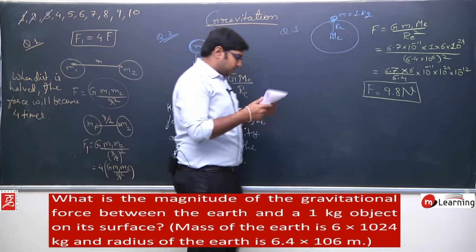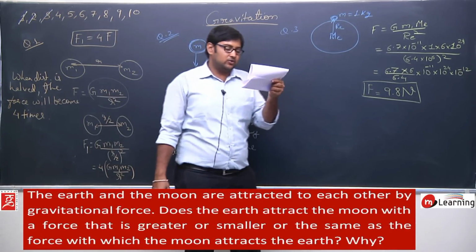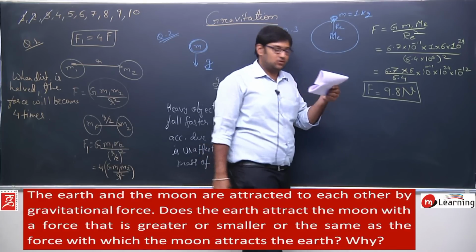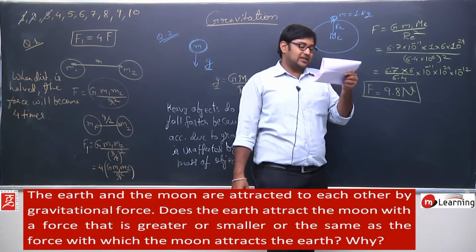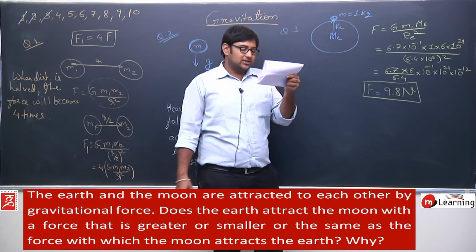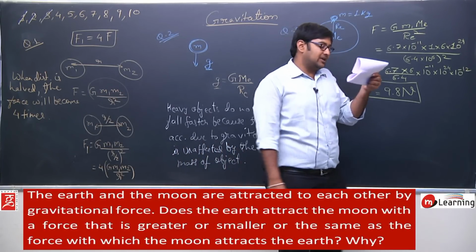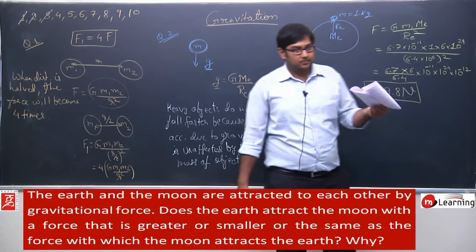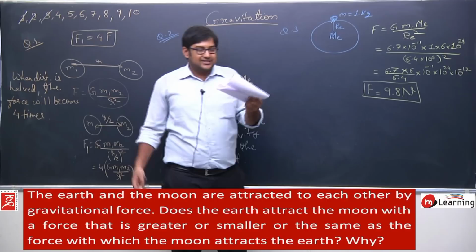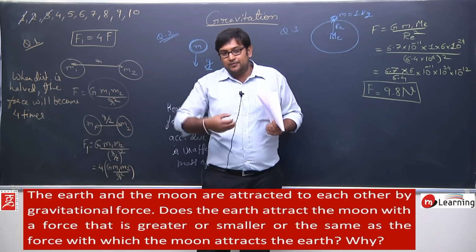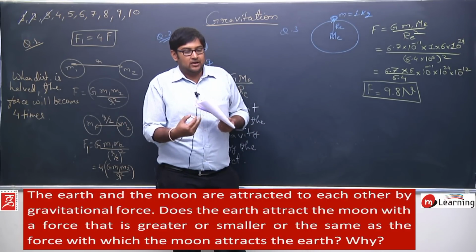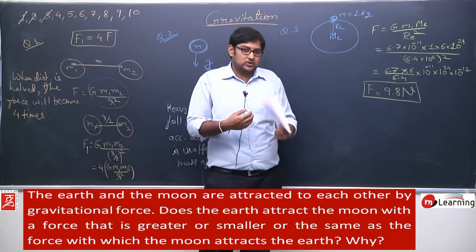Now the fourth one: the earth and the moon are attracted to each other by the gravitational force. Does the earth attract the moon with a force that is greater, smaller, or the same as the force with which the moon attracts the earth? Then why? Since earth and moon both are attracting each other, which object is attracting the other with greater force?